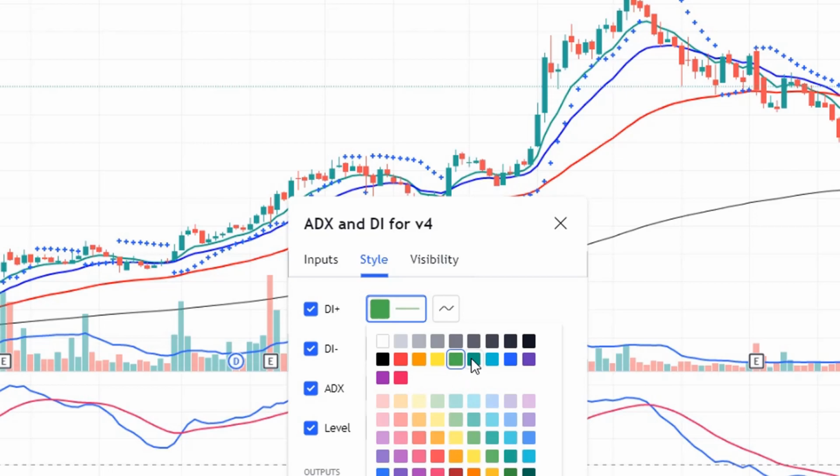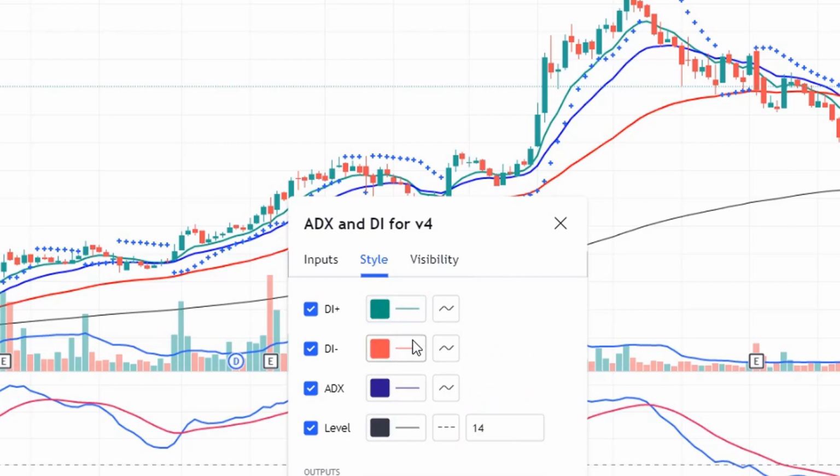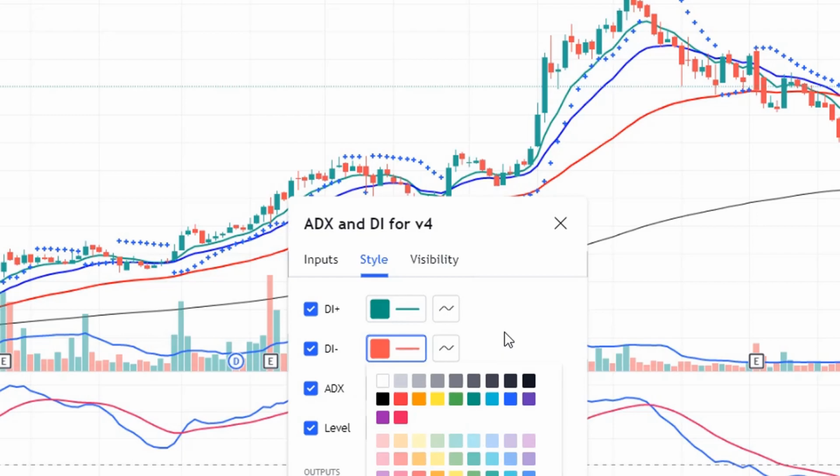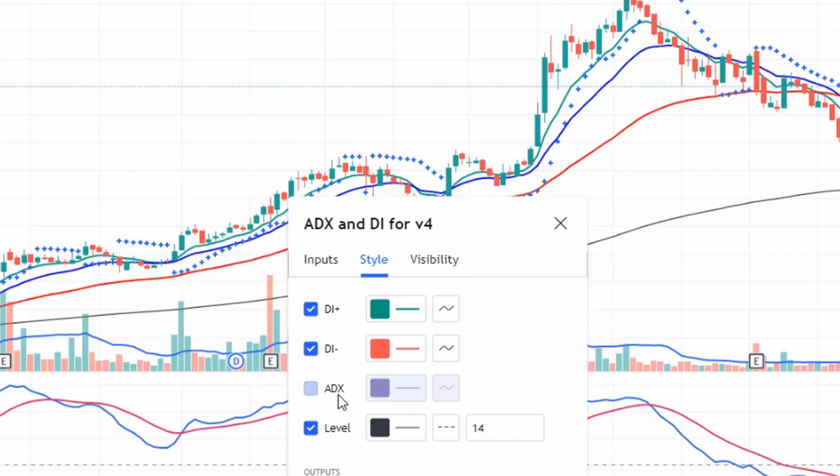We will use this line, make it visible, and we don't need ADX. I don't use ADX, so we will take it out.